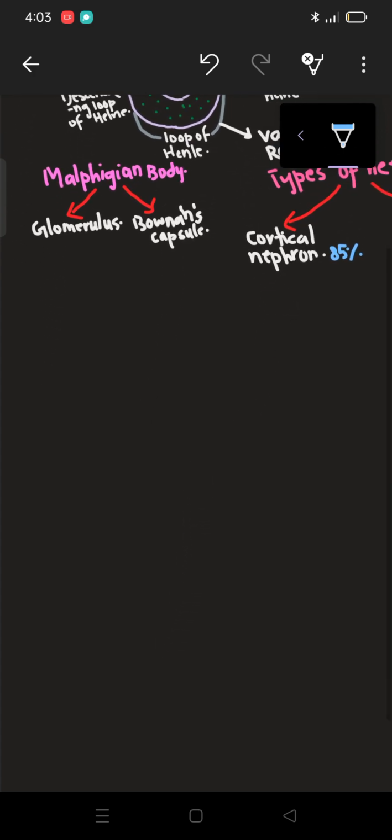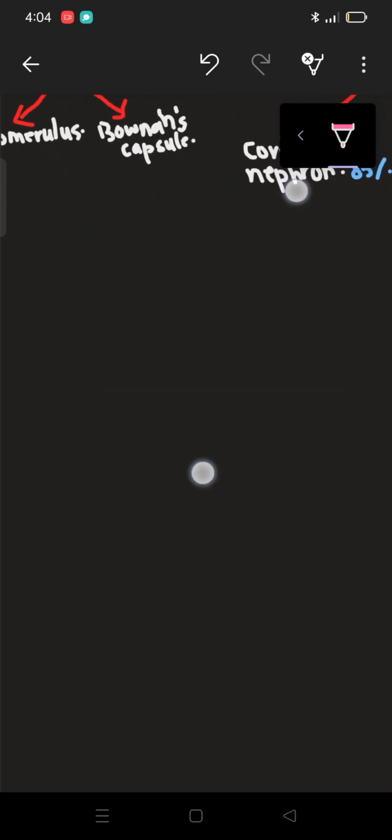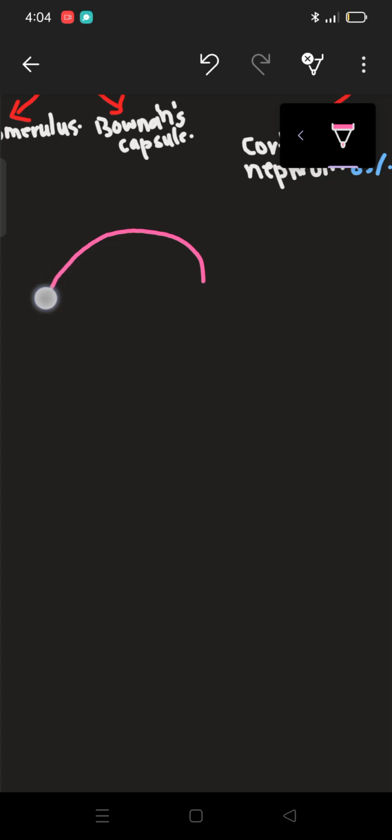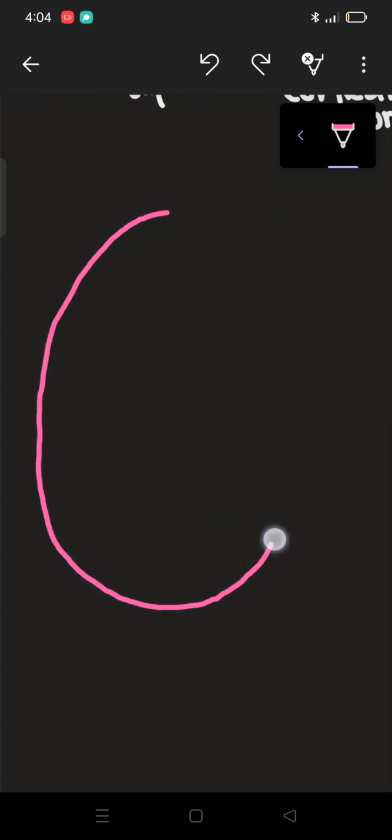So I should make the kidney here so that it can be more clear to you, and I should tell you guys the location of these nephrons. Here I am going to make it with this color.